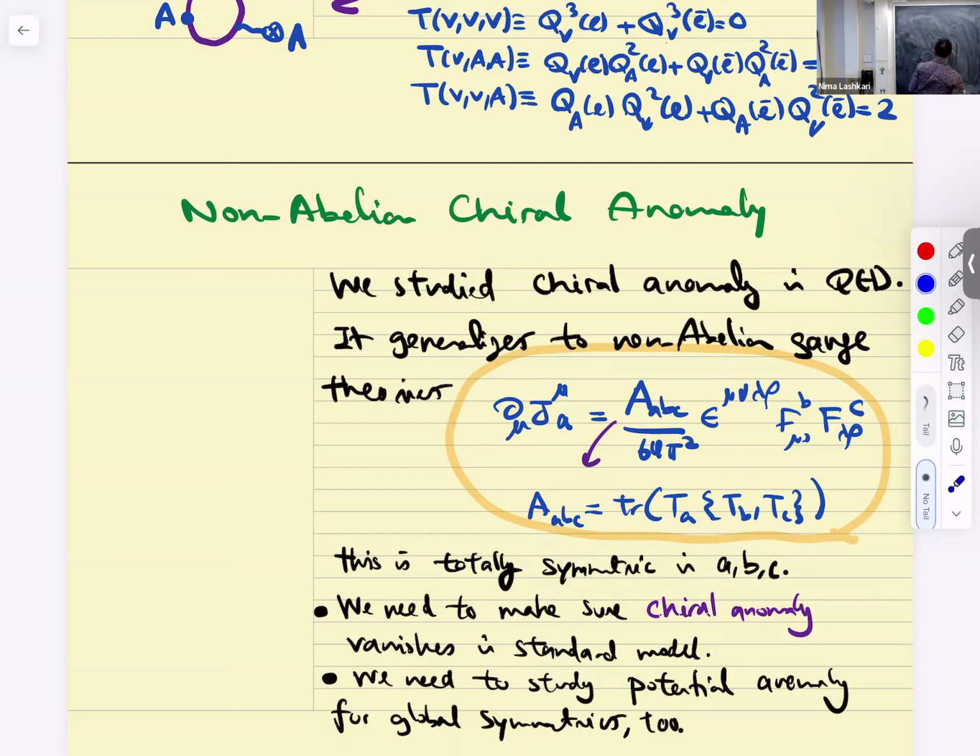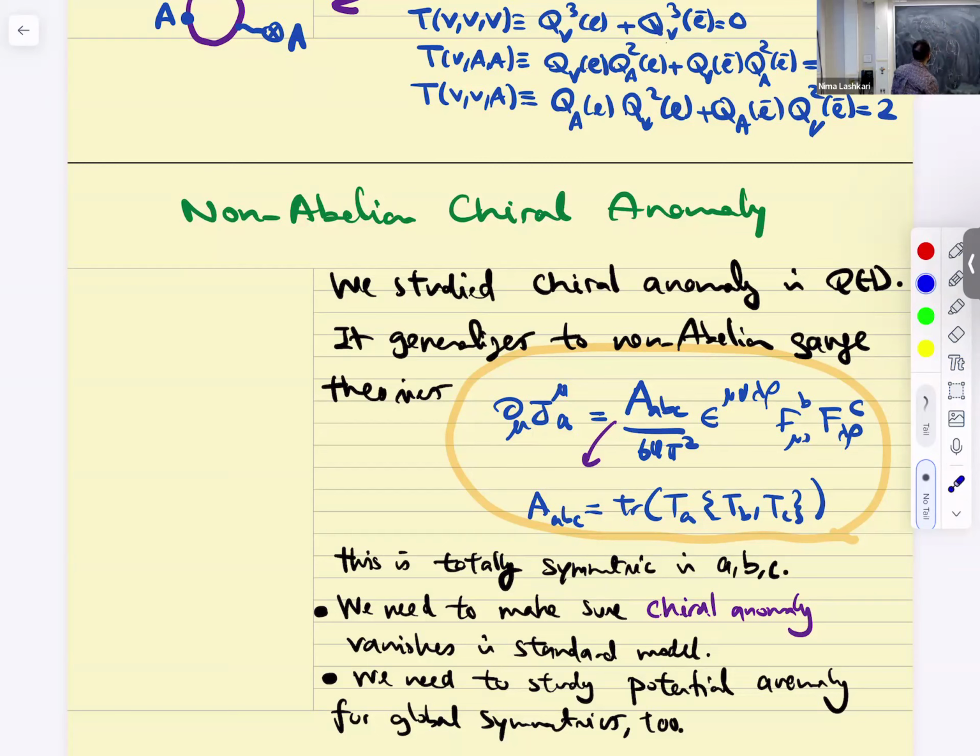So now I'm going to say the following. I'm going to use this notation. T, if it's a gluon, I'm going to put 3. If it's, for example, SU2, I'm going to put 2. If it's this guy, I'm going to put 1. I have to calculate this anomaly coefficient for 333, 311, 312, all of that.